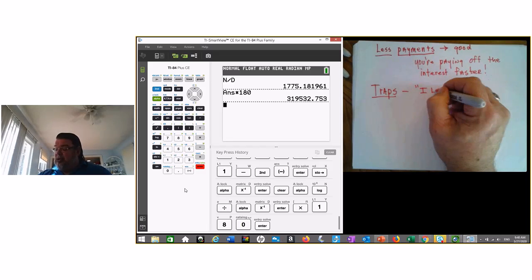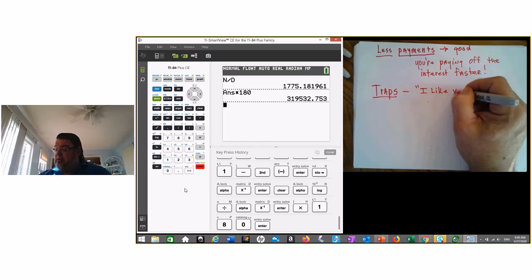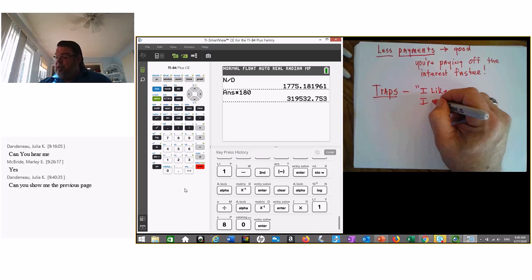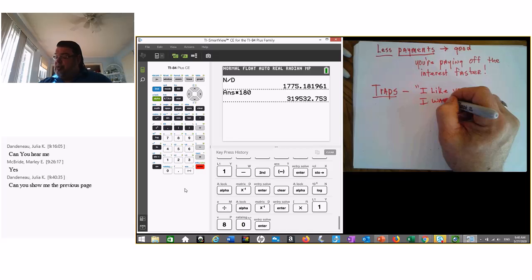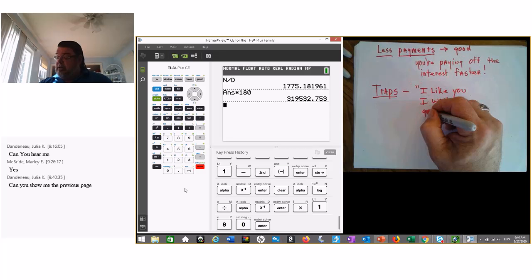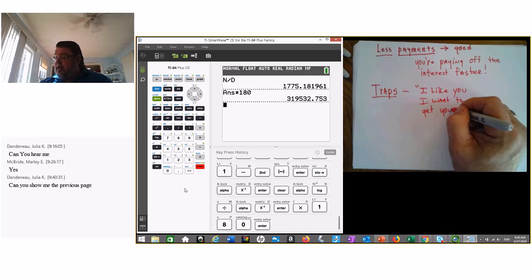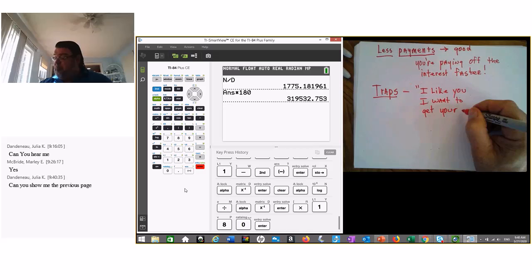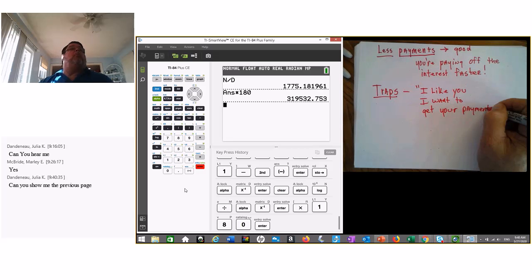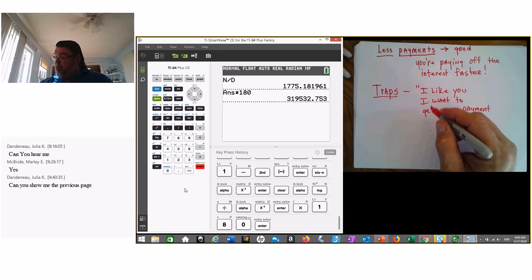The trap for cars, houses, credit cards, I like you. I want to get your payment as what? What do they say? Okay, hold on just a second. Yes, ma'am. I want to get your payment as what as possible?